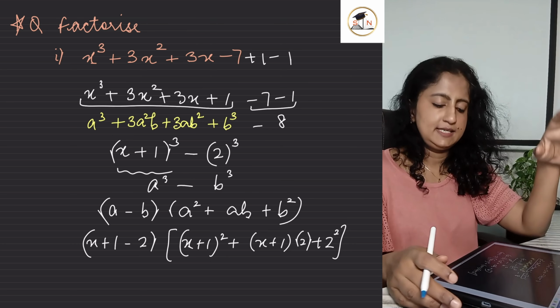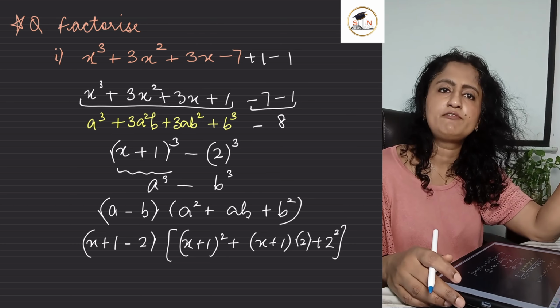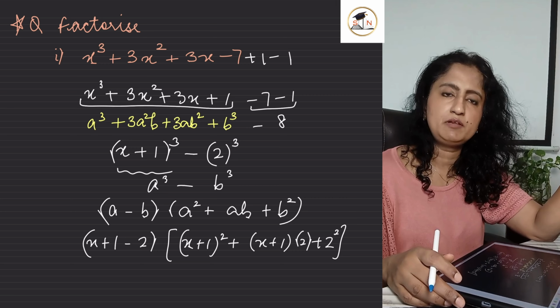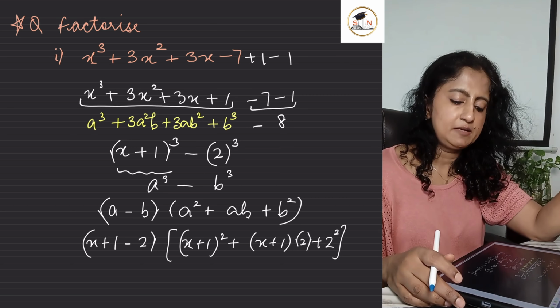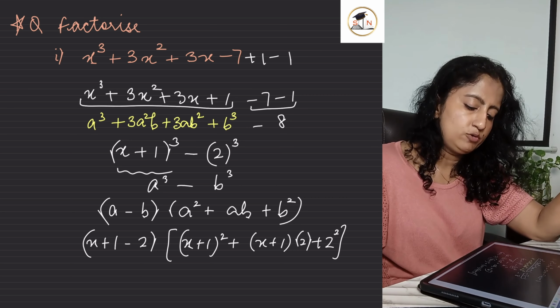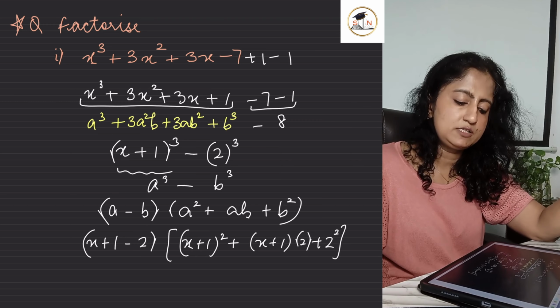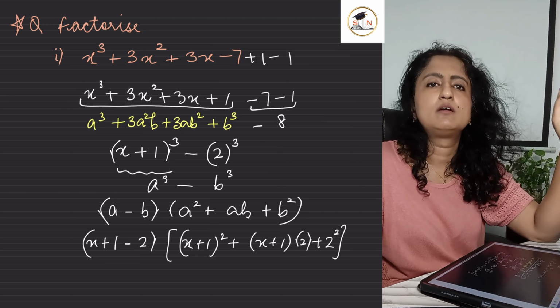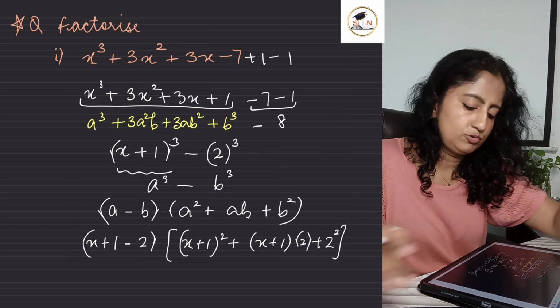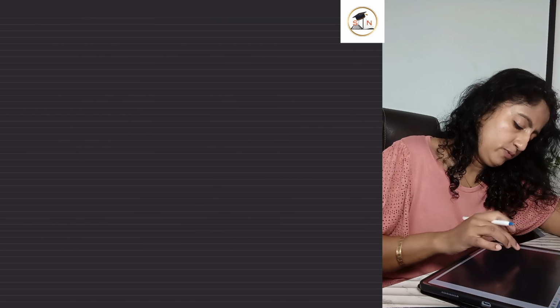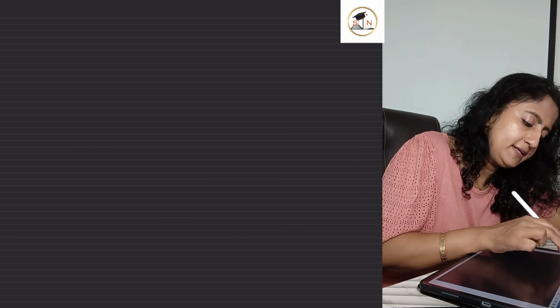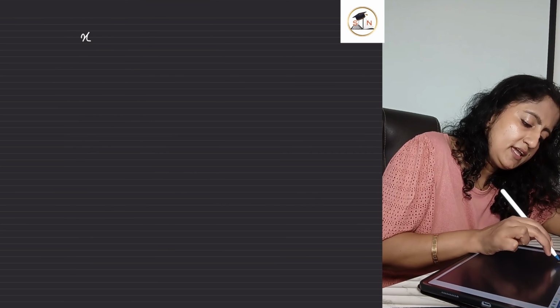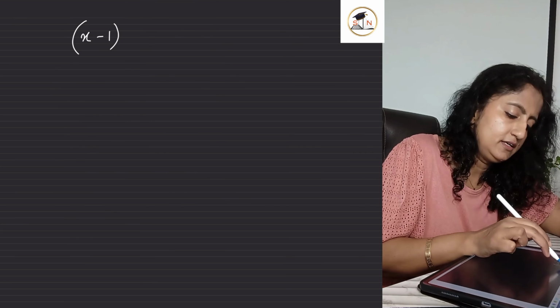Now we can see the first bracket is getting simplified. 1 minus 2 can be simplified. Whereas in the second bracket, we need to expand x plus 1 whole square and multiply 2 with x plus 1, right? So I'm going to do that now. So we have x plus 1 minus 2. That gives me x minus 1, right?